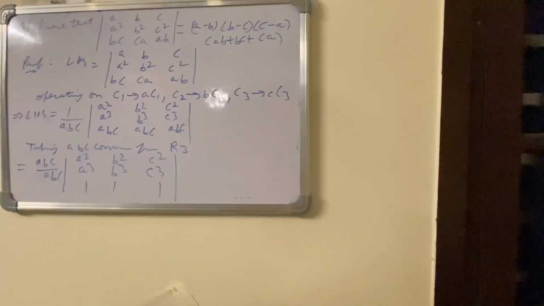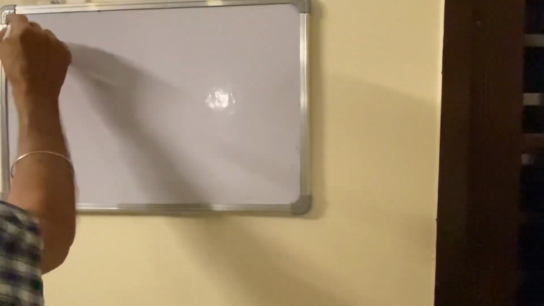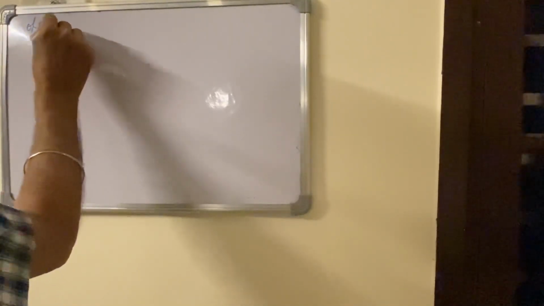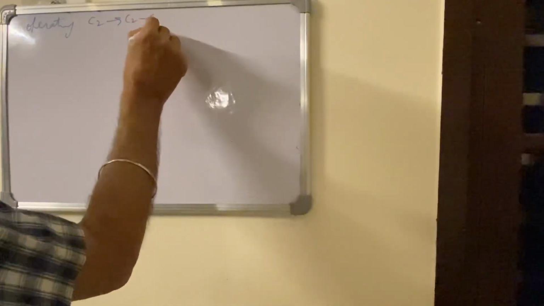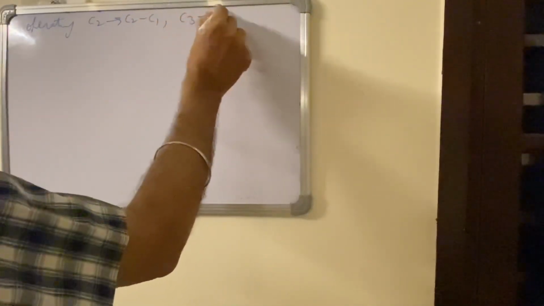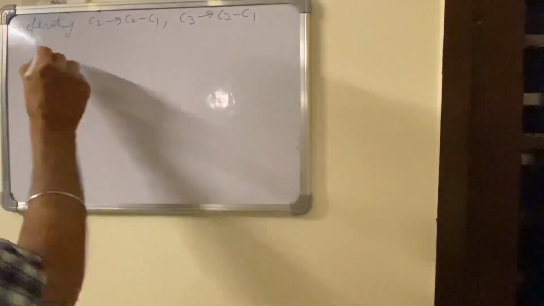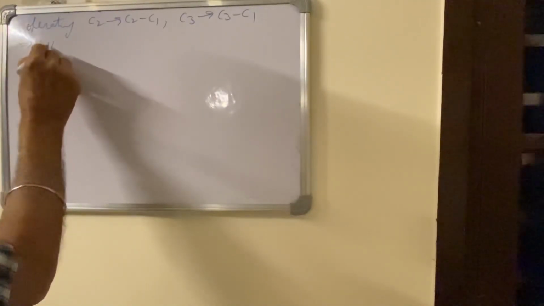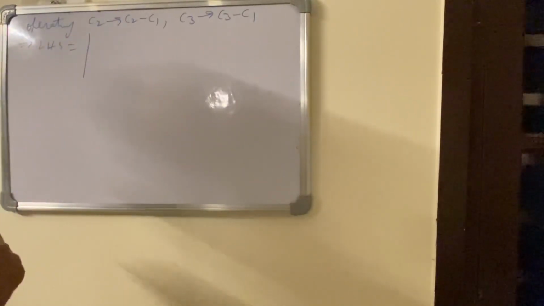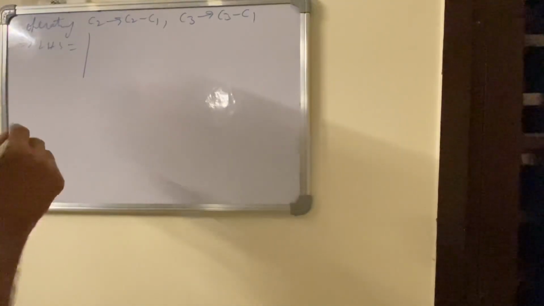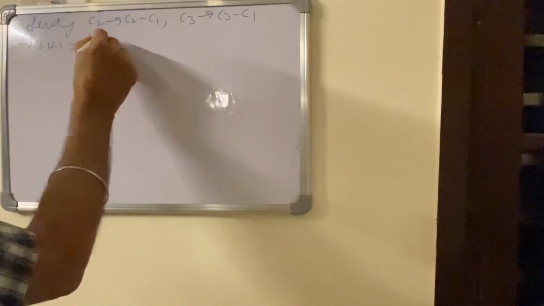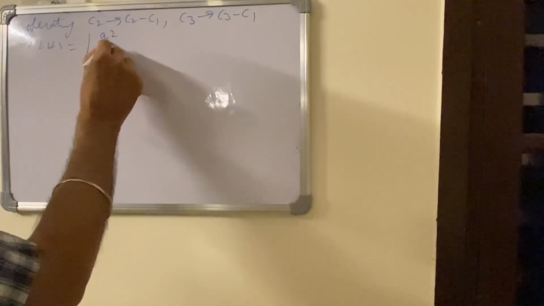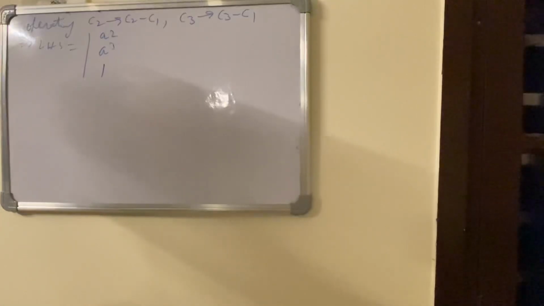Then operating C2 minus C1 and C3 minus C1. So left hand side becomes: first column is a square, a cube, 1.